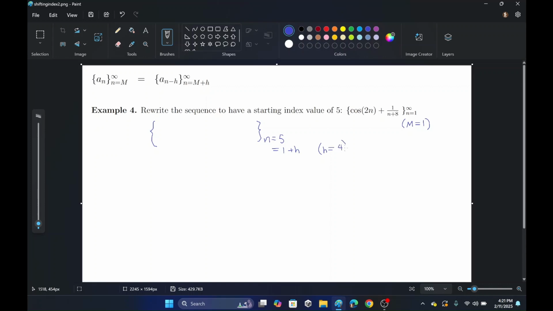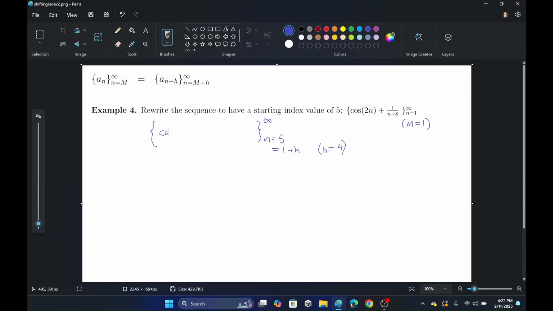In other words, the little h is however much you need to add to the m value to get to the index you need. So that fact that h equals 4 now tells us how to shift the expression. Anytime we see n, we need to replace that with n minus 4.